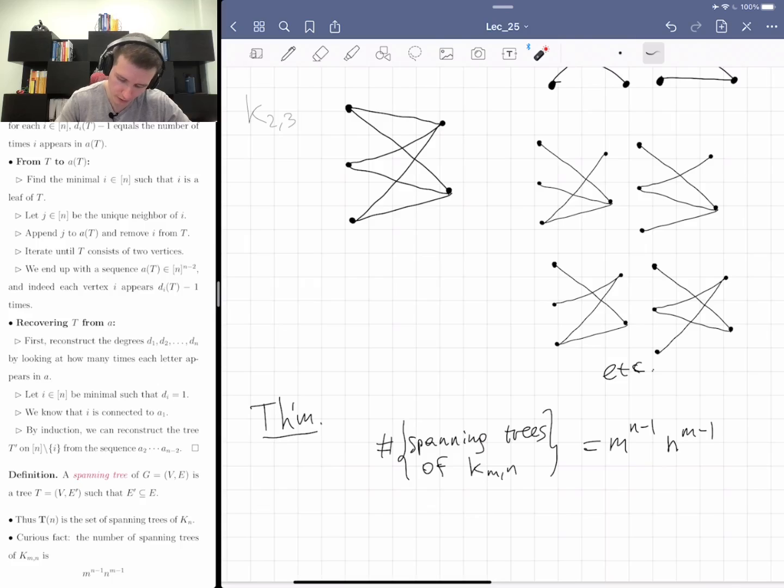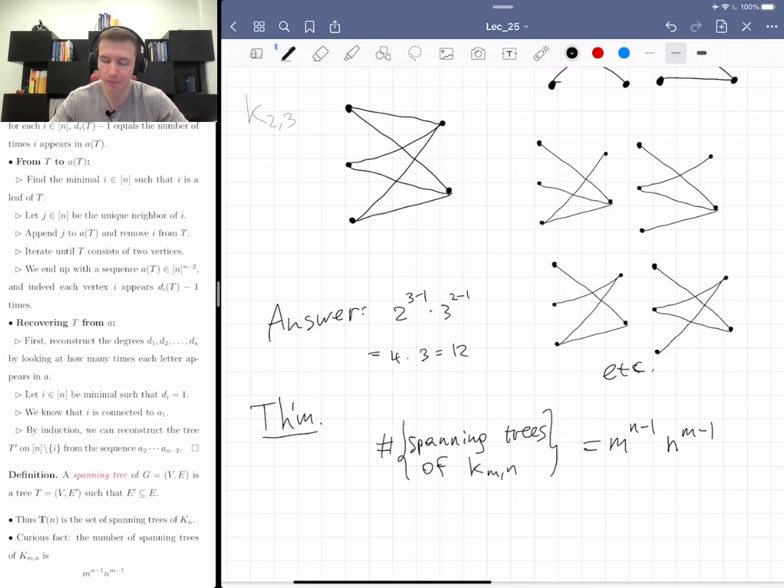In particular for K_{2,3}, the answer is 2^(3-1) times 3^(2-1), which is 4 times 3, which is 12. Yeah, it would have taken a while. So for this one, I'm going to give a proof later.